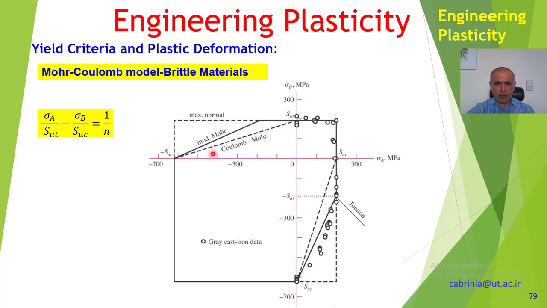Now then, the Coulomb-Mohr criterion, this one. It's a bit conservative. As you can see, these points, the yield points, they are a bit far away from this line. This is the yield line, while the experimental shows that this is the yield line. But the modified Mohr, as you can see, these are the experimental points, is much more precise, and so it gives more realistic values, while the Coulomb-Mohr gives the conservative values.